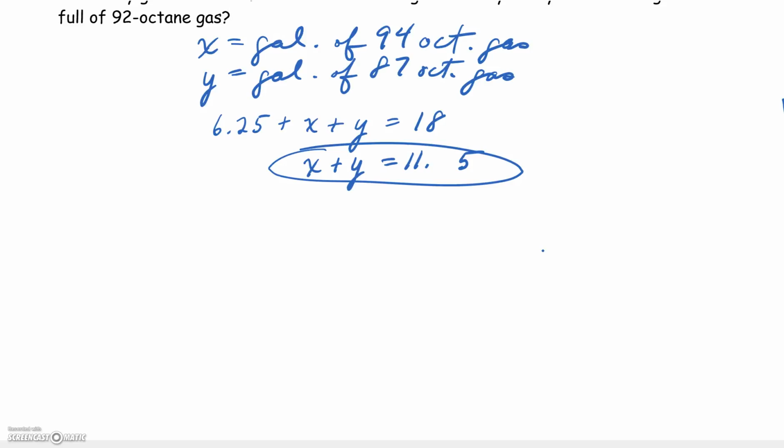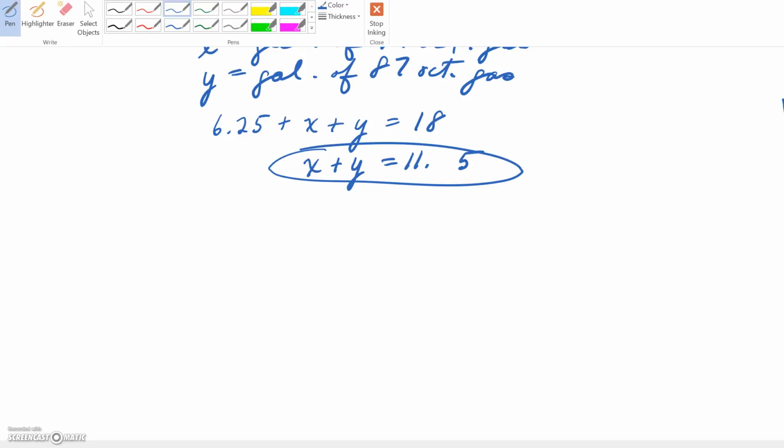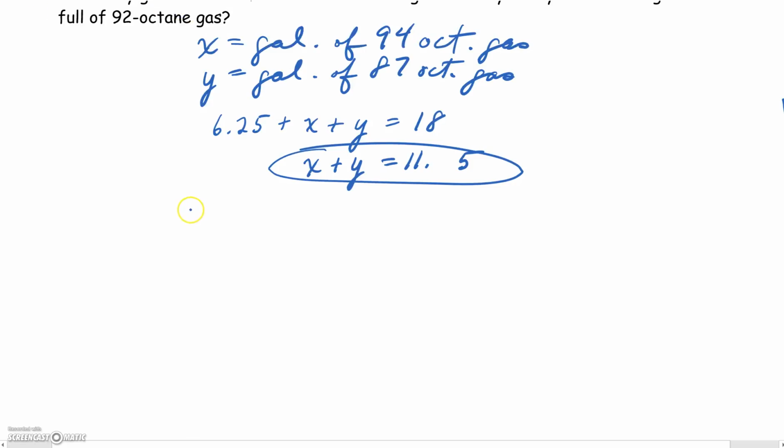And so here's how this works. In a saltwater problem, we'd multiply the percentage of salt times the amount of that salt percentage solution. Here we're going to multiply the octane amount, for example, 94 octane times x, the amount in gallons of 94 octane gas. We're going to add to it the 87 octane, and we're going to be getting y gallons of that.